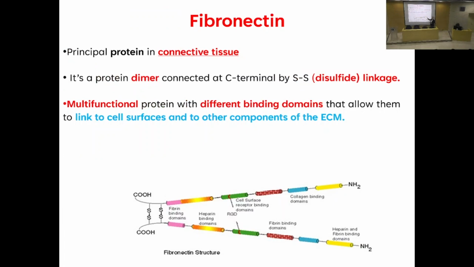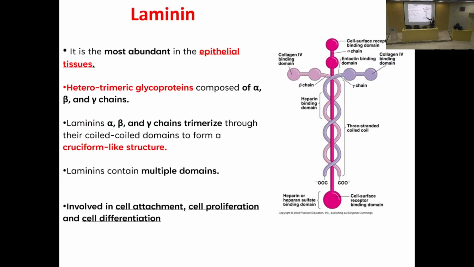Fibronectin is dimeric. Here it is heterotrimeric because it has 3 different chains. Here, which is in pink, as you can see in the legend, is the alpha chain. Here is the beta chain, and here we have the gamma chain. So I have 3 chains, that's why we call it trimeric.